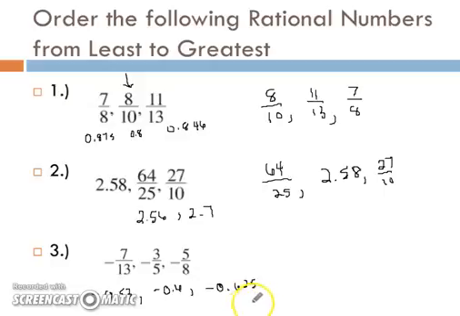Our smallest one, least to greatest, is this negative 0.625. So we'd list a negative 5/8, and then our negative 0.6, so negative 3/5, and then our negative 7/13 as our largest number.